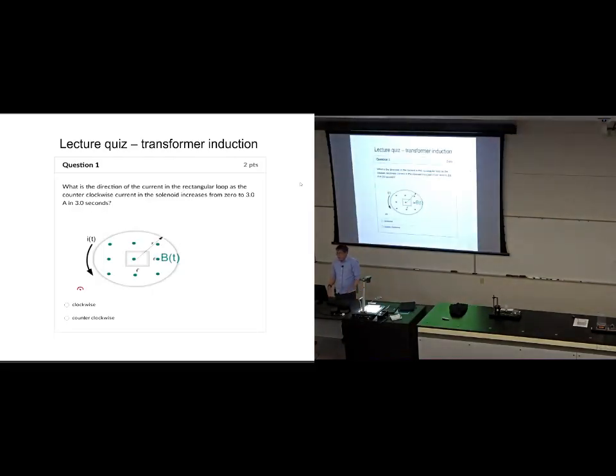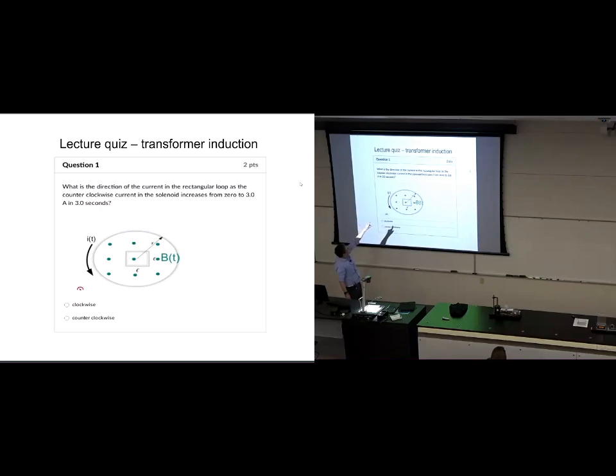The quiz question is about the type of arrangement we've just been discussing. There's an inner and outer coil and solenoid, for example. We're told, what are we told? I've got to read it.